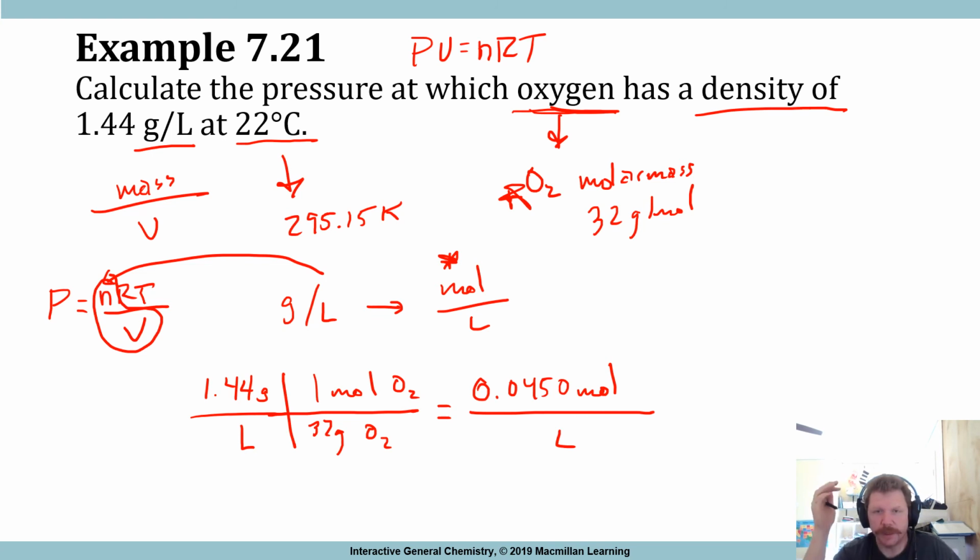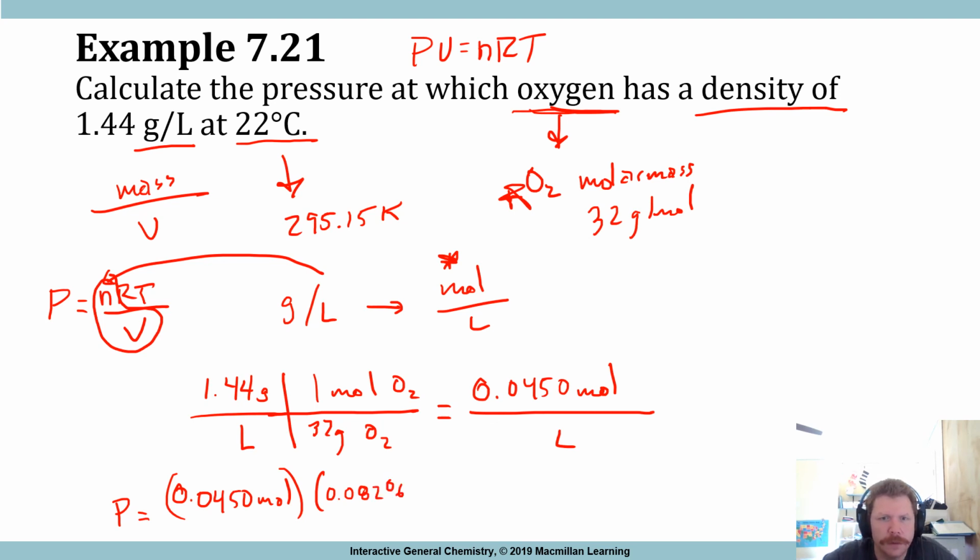So now that I've gotten over that hurdle, this becomes much simpler. P is equal to 0.0450 moles. My R value is 0.08206 liters atmospheres per mole Kelvin.